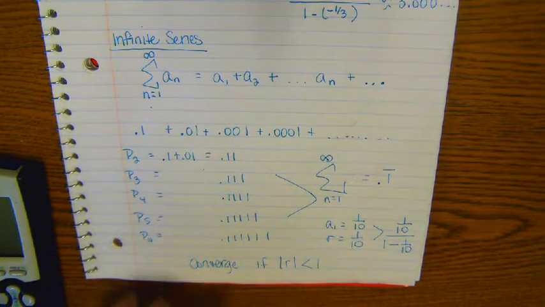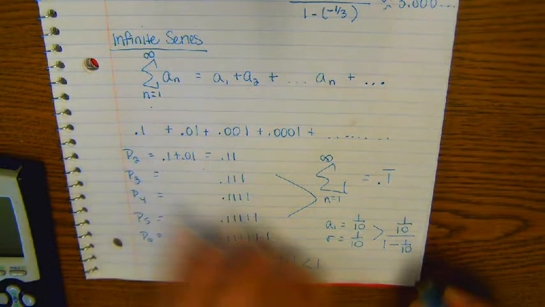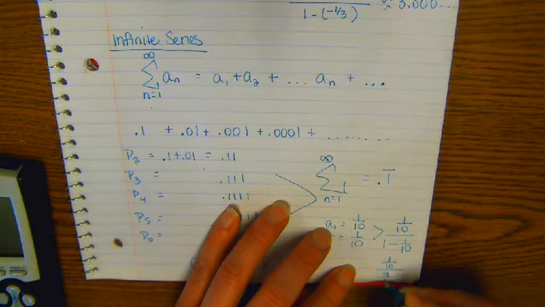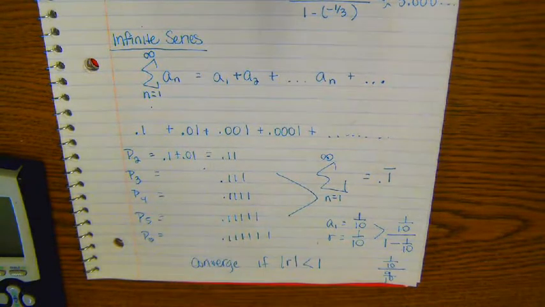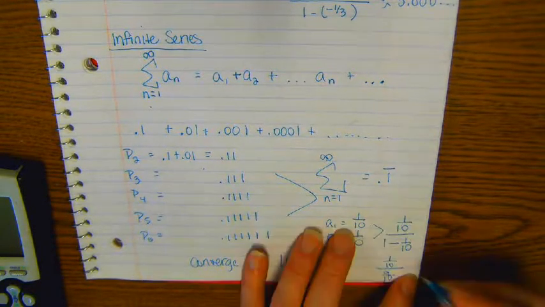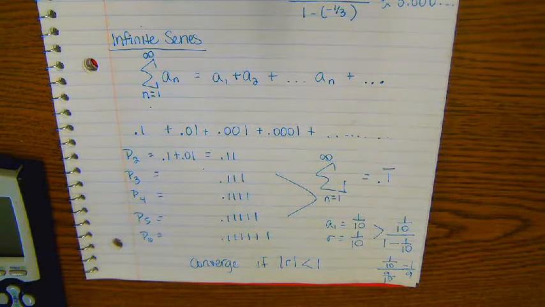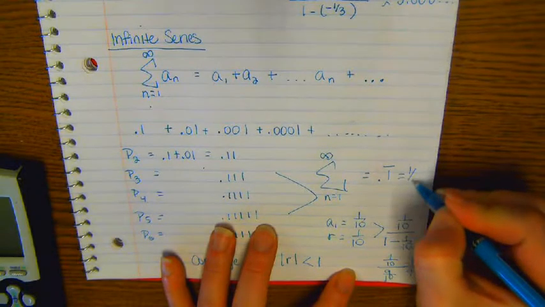All right, let's do our fraction skills. What's 1 minus 1/10 as a fraction? 9/10. Thank you. We have 1/10 divided by 9/10. If you multiplied by the reciprocal, what fraction would that give you? 1/9. So, 0.1 repeating is the same as 1/9.